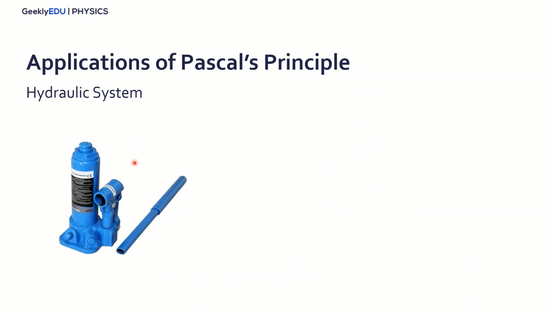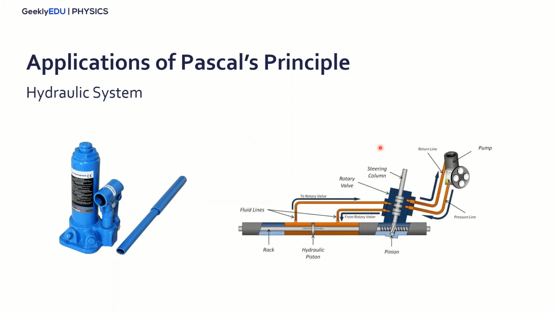Your car jack, for example, you have a small cylinder here where we apply a certain pressure, okay, with our hands, with our arms, and it multiplies the pressure to this bigger cylinder. So it has a bigger area, so the force over here will be greater. And that's also the same principle of the hydraulic steering system in some cars. Nowadays we have the electric steering wheel, right? But back in the day we had hydraulic steering systems.